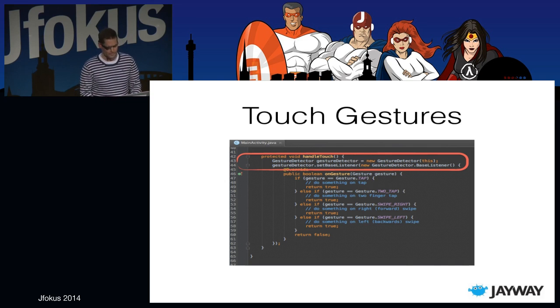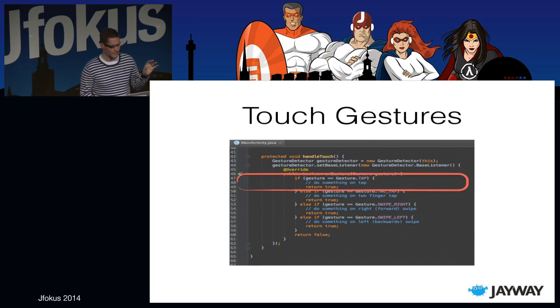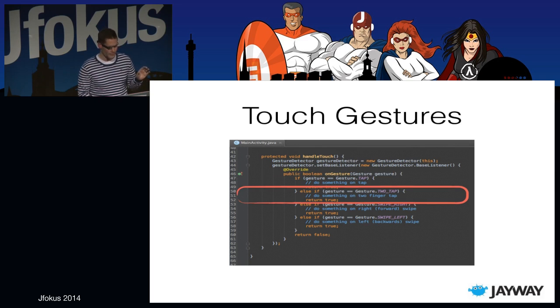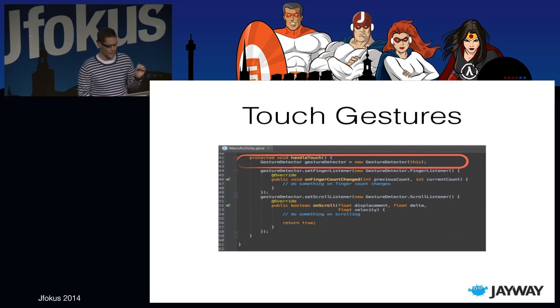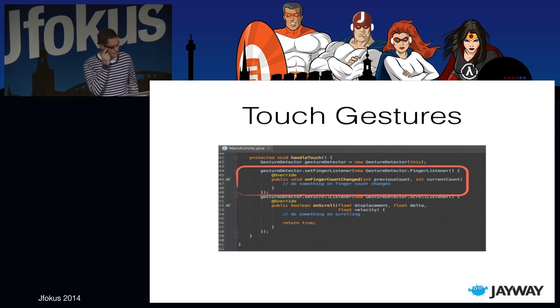Fair enough. And the basic idea is you create a gesture detector, one of the classes from the GDK. And that is a class that provides us with listener interfaces that we can implement to get notified whenever something happens. So I set base listener, and on gesture, I would be notified if there's a single tap or a double tap, or if there's swiping.